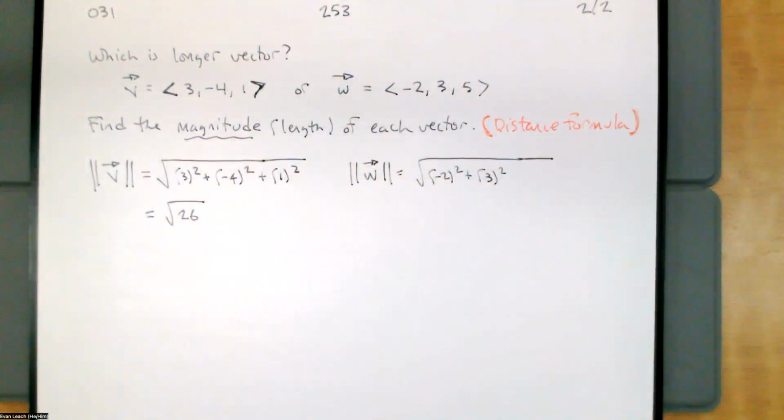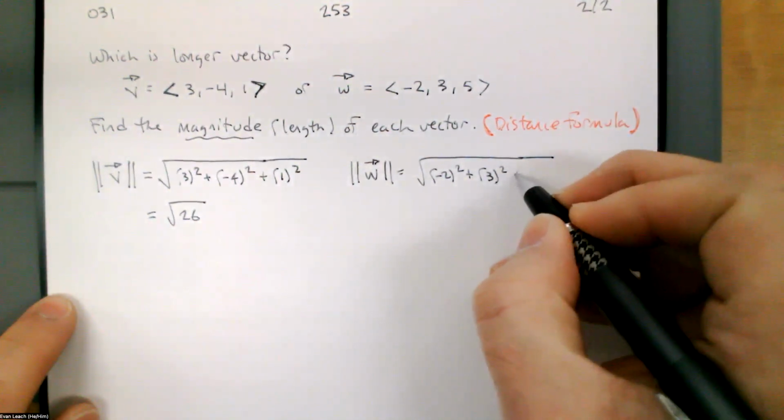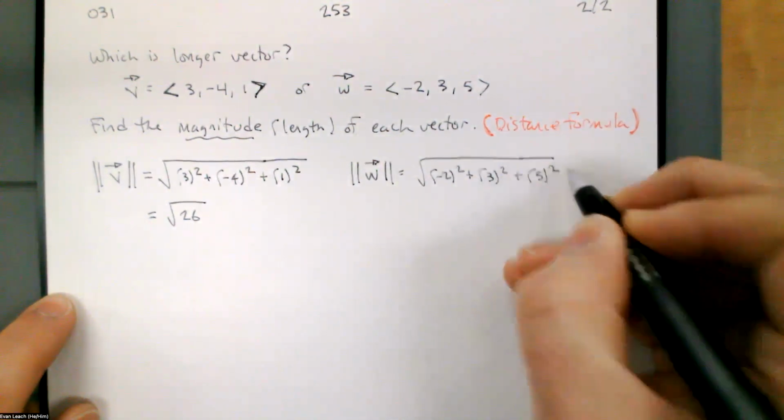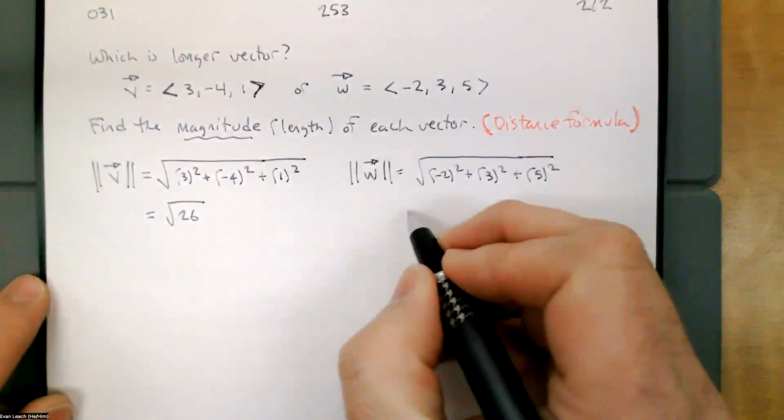So we're just extending our distance formula to more dimensions. Because this is the distance formula that we had in R2. In R3, I'll just put another one on there. In R4, there'll just be 4 terms, still the square root of the sum of the squares. Pythagoras everywhere.